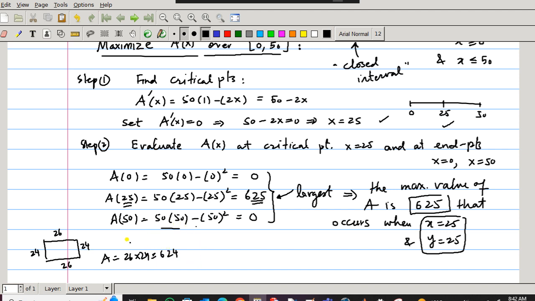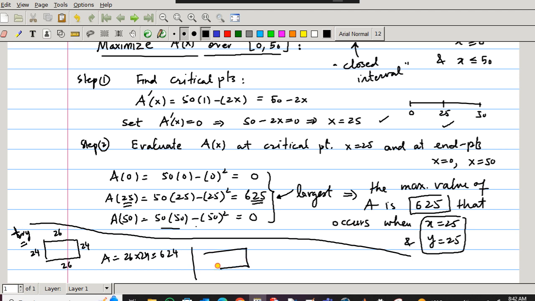If you try another one, the problem is finished, I'm just trying different scenarios. Let's say 25.1 and 24.9. This also gives you 100, right? 50 plus 50.